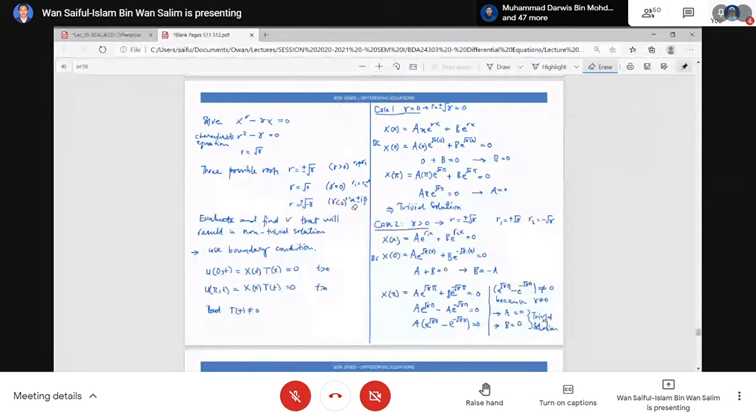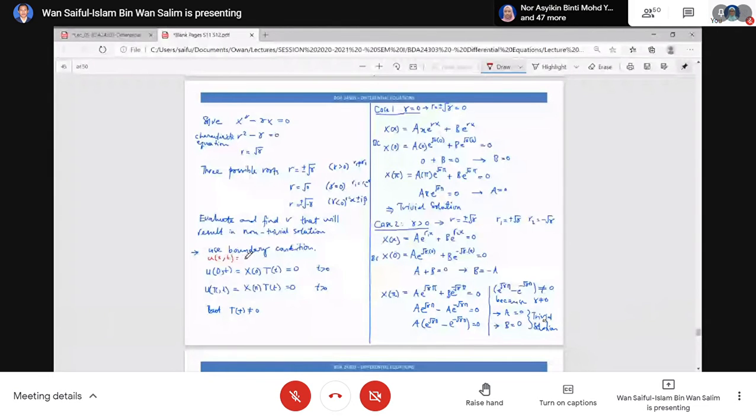Alright, so for that we use the boundary condition. So the first boundary condition says that u at x equal to 0 at any given time, as long as it's more than 0, is of course X of x, because our assumption earlier, remember, we say that the solution u(x,t) is equal to X(x) times T(t).